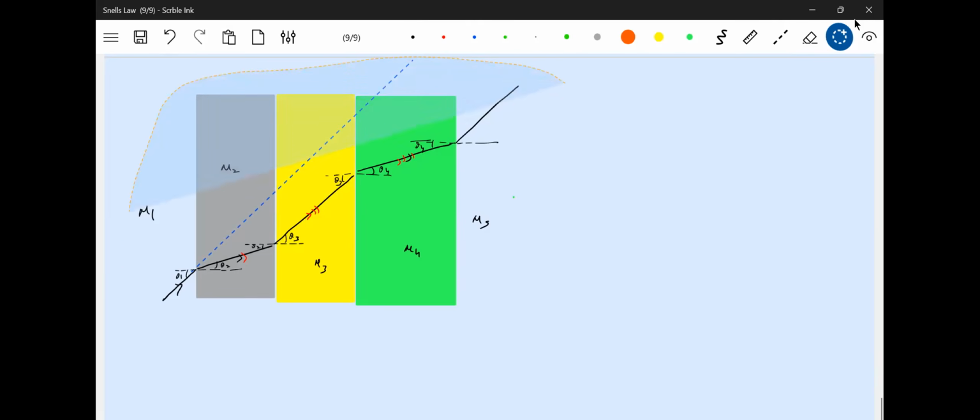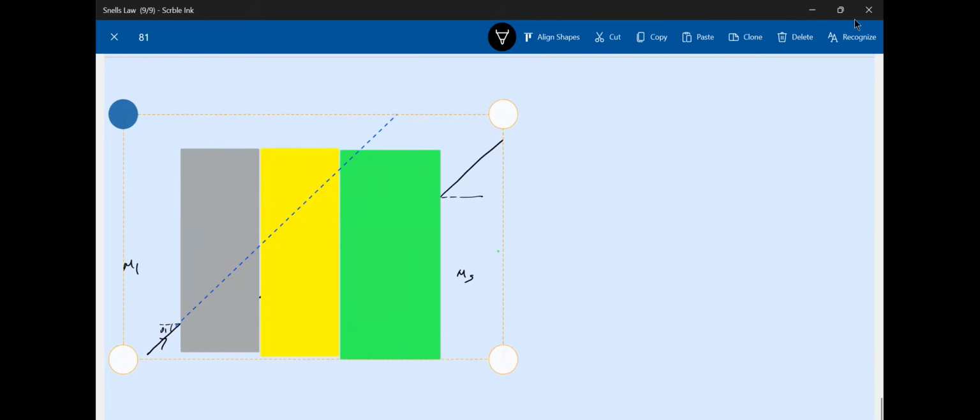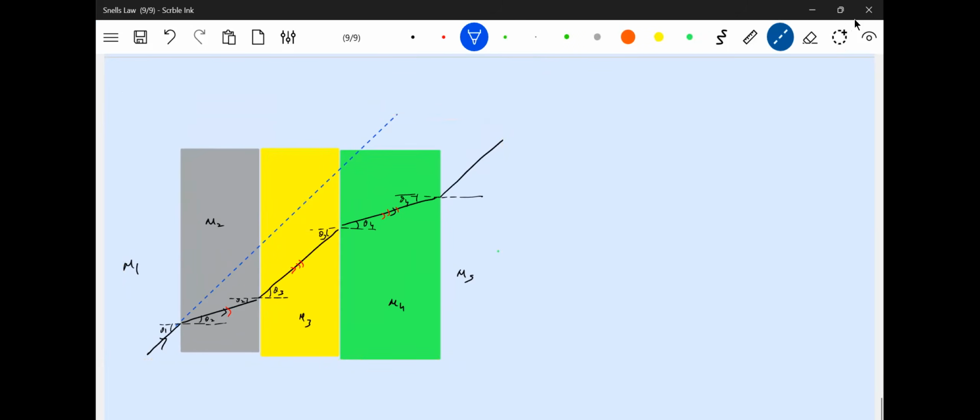This condition is very, very important for us. This is theta phi. This is the emergent ray. This is the incident ray.